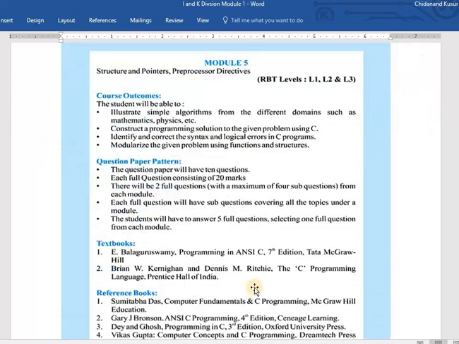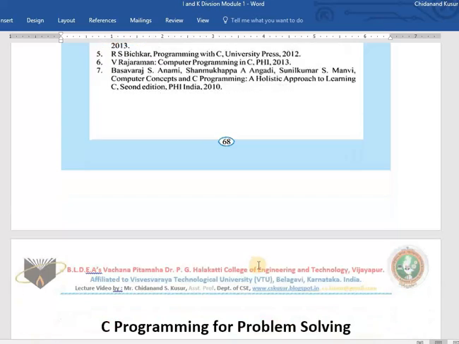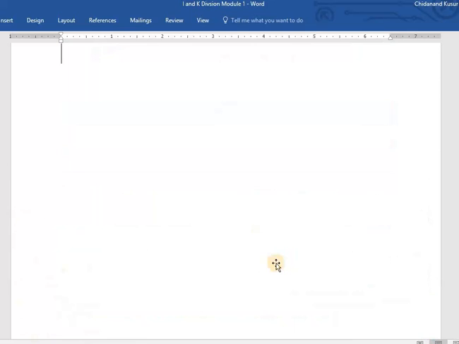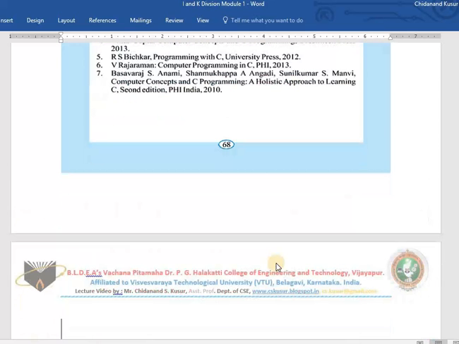Like this, you complete 3 internals. How many internals are you going to complete? 3 internals. Okay.